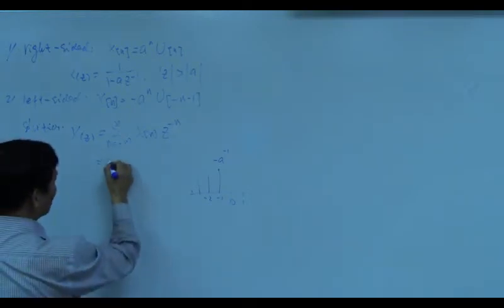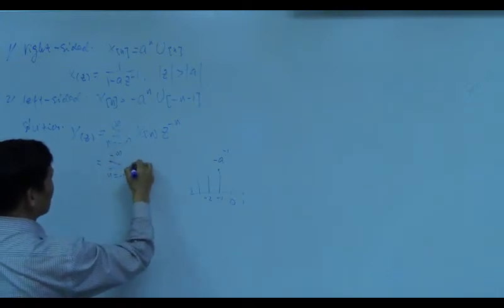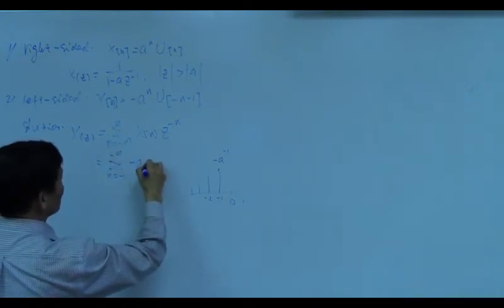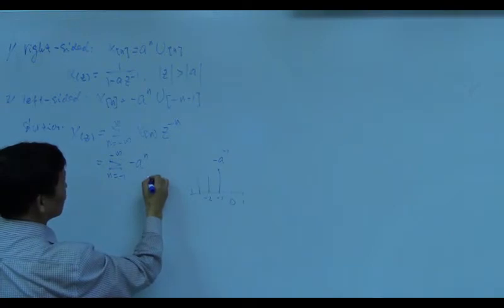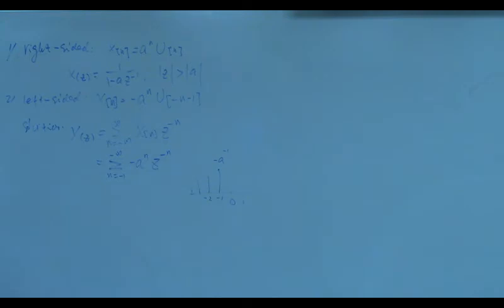So the summation will be from n equals negative infinity to negative 1, negative a to the n and z to the negative n, like this. Any questions on it?